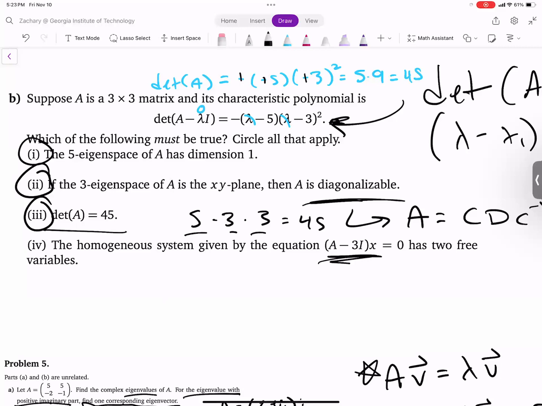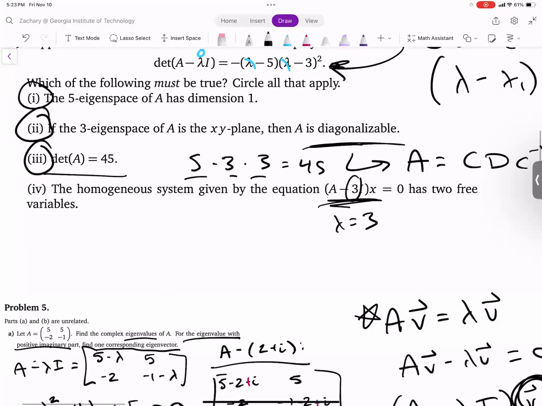What do we call the solution set to this equation? Eigenspace. Because 3 is an eigenvalue. That's not true for any number. Okay. This is the lambda equals 3 eigenspace. Okay. And we said lambda equals 3 has an algebraic multiplicity of what? 2.